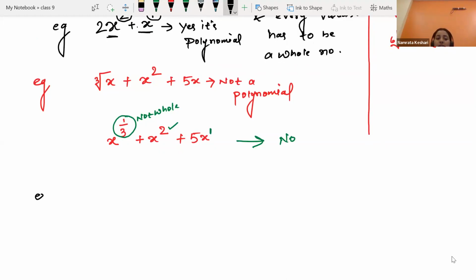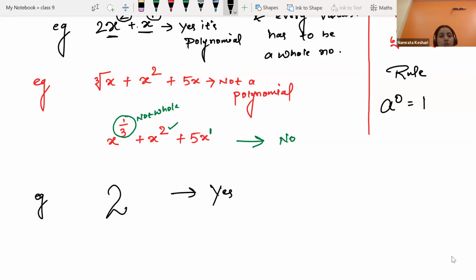There are a few more cases which we must cover over here. The next example is, suppose you are having just 2, and the question is, is it a polynomial? We will say that yes, it's a polynomial. Again, I must take one of the rules. The rule says that anything having power 0 is 1. Anything having power 0 means that doesn't exist over there.